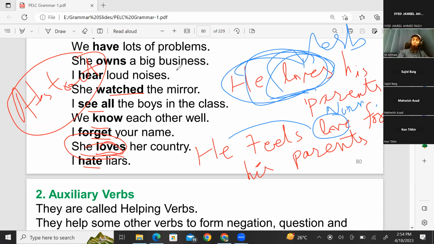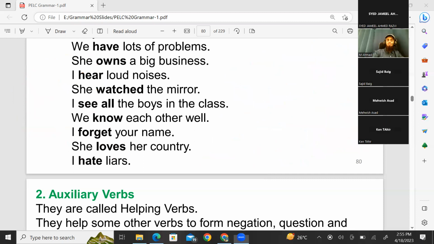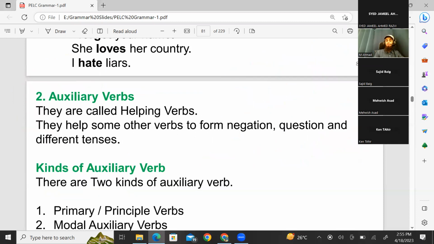But if you are talking about feeling, to show the feeling, then feels is a verb, but love is a noun, which is called an abstract noun, right? I hope it is clear. I hate liars. I really feel hate for the liars, right? Now, feeling related, opinion, idea, when you discuss, that would be called a noun, the word.